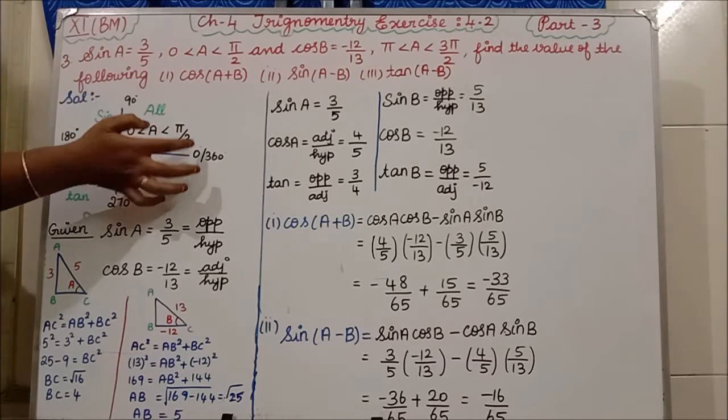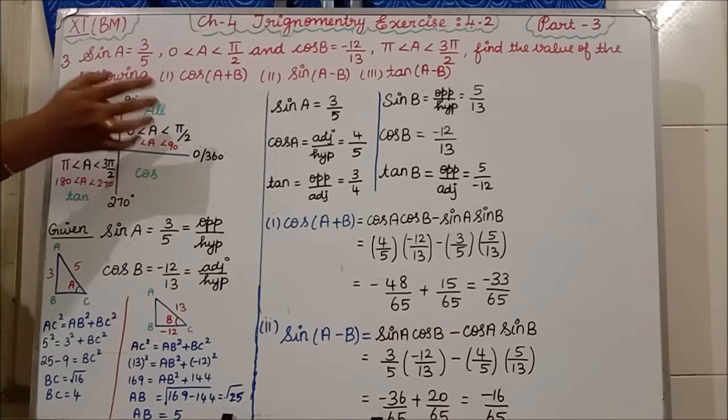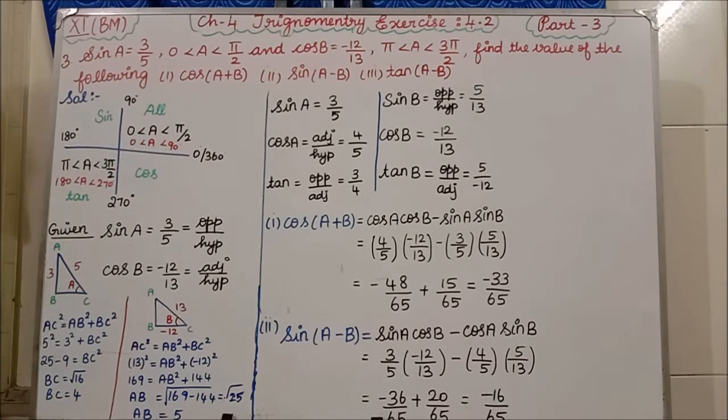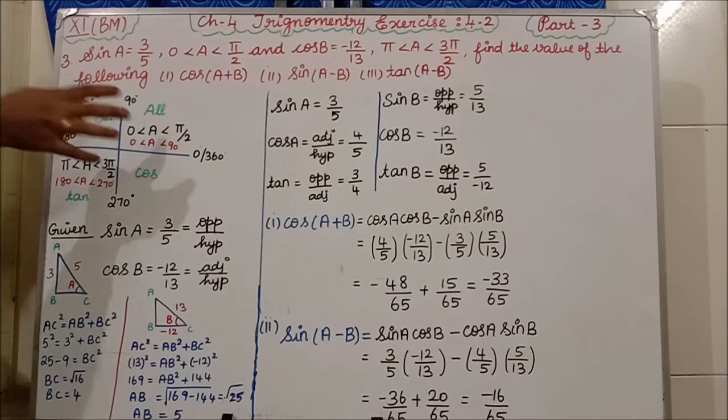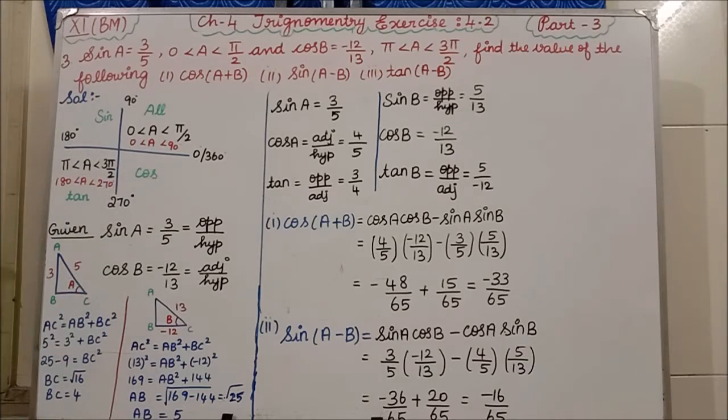So all are positive. Sin, cos, tan, cosecant, cot, secant, everything is positive in the first quadrant.